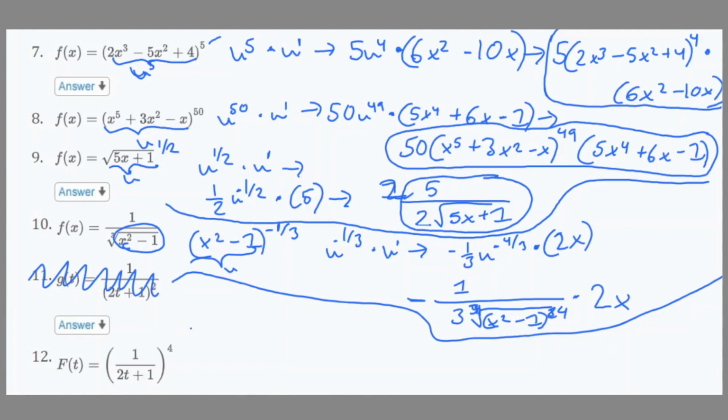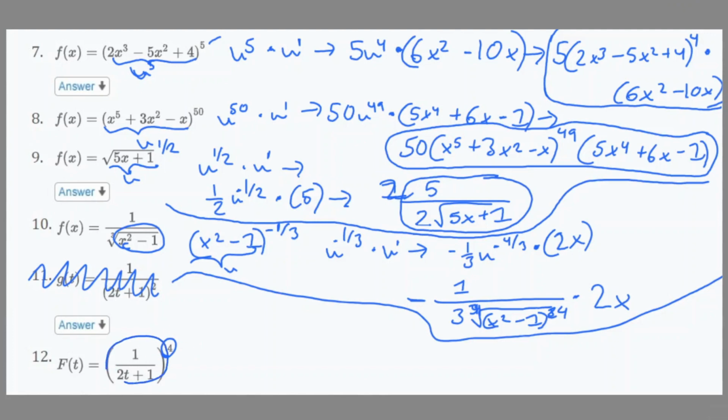So number 12 is f as a function of t, and in parentheses, we have 1 over 2t plus 1, to the 4th power. For this, we can't rewrite it as a negative exponent function to make it easier, because this fourth exponent has to be our outside function.